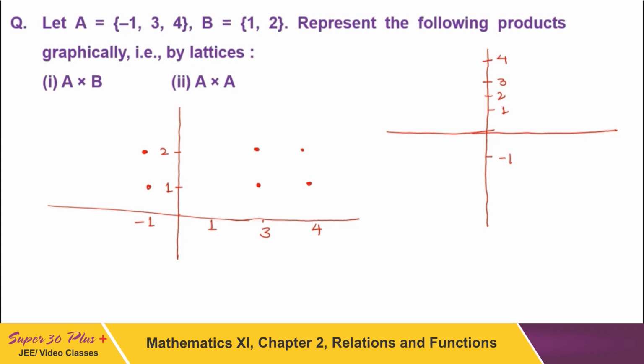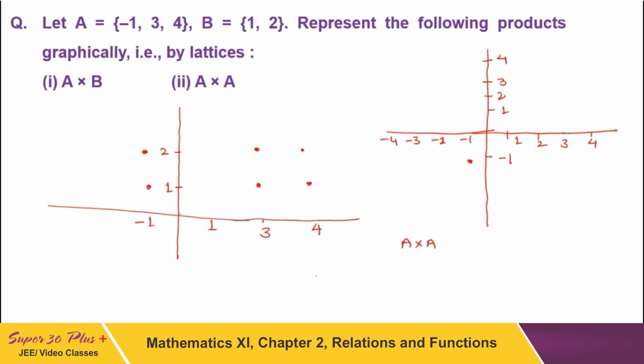Now in this axis it is 1, 2, 3, 4, and here are minus 1, minus 2, minus 3, minus 4. Then A cross A starts with minus 1, minus 1. Where is minus 1, minus 1? It is here.